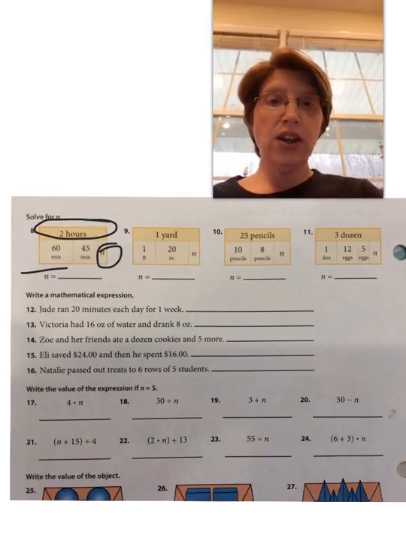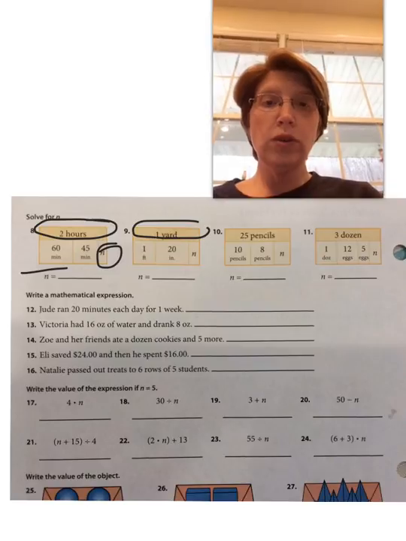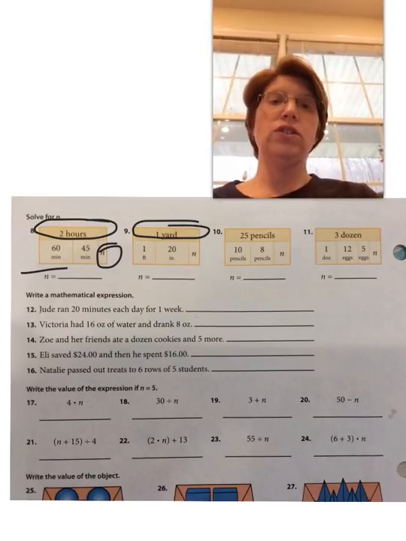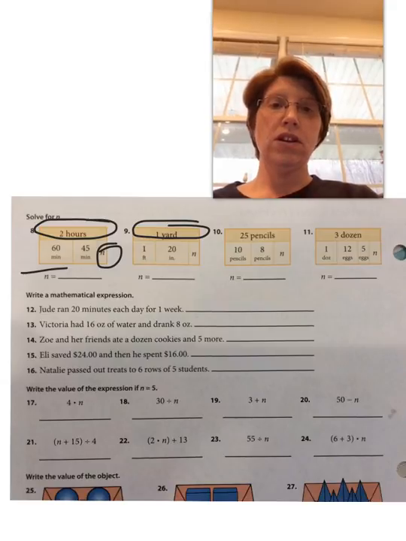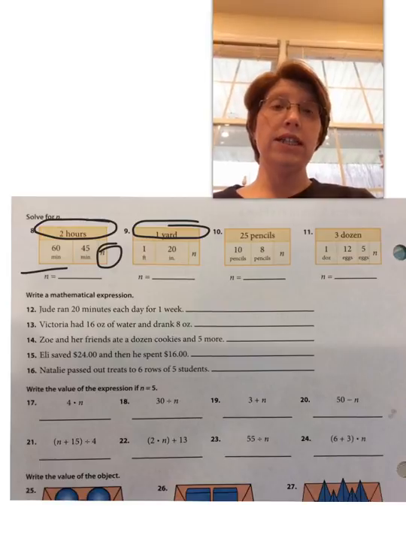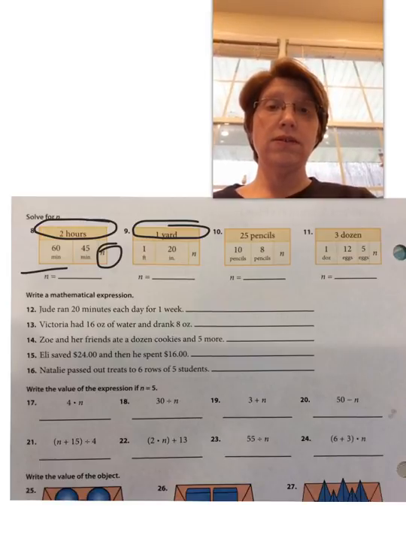Now look at number 9. Our total is 1 yard. Think first, they're splitting it into feet and inches. So if I have 1 foot of it, that was 12 inches of it.